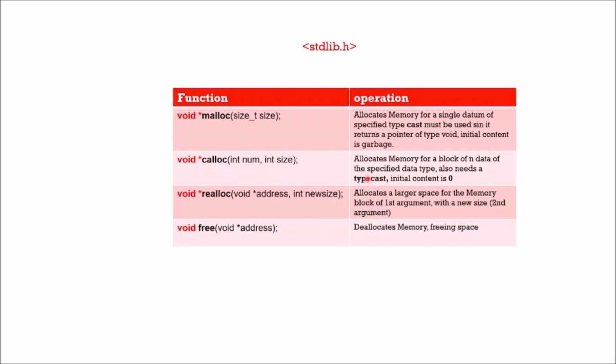And we also have to do a typecast because these functions return pointers to void, which means addresses, but those addresses do not specify which data type is going to be stored there because it's type void.